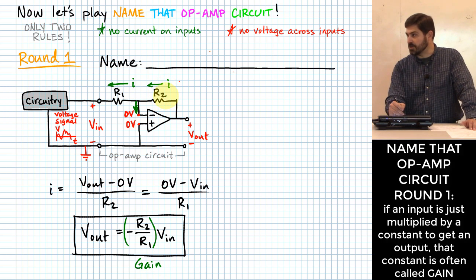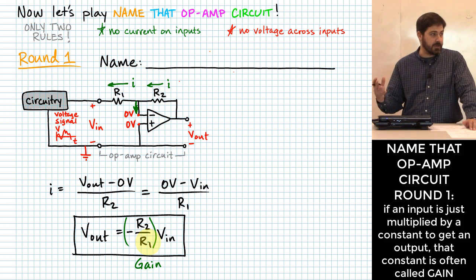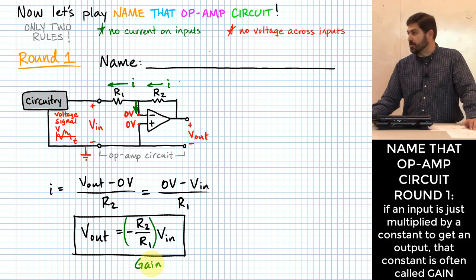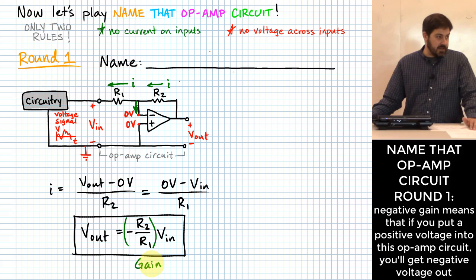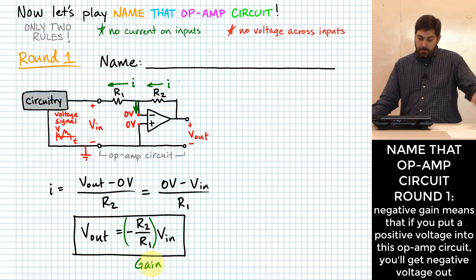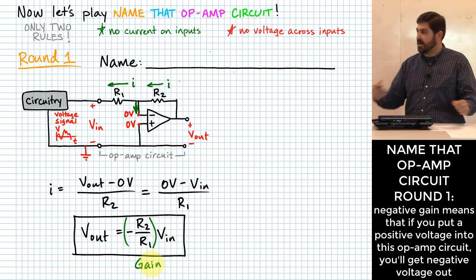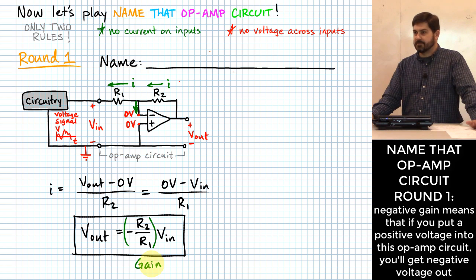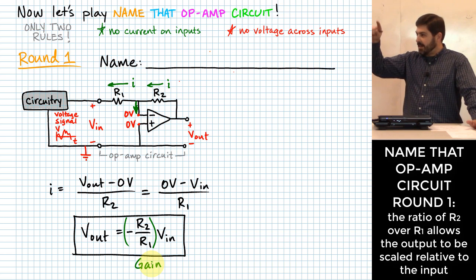If those are just fixed resistors, those are just values, and so your ratio of R2 over R1 is just going to be a value, and that's a lot of times known as gain, okay? And so we have a negative gain on this, which means if you put a positive voltage in on V in, you're going to get a negative voltage out for V out.